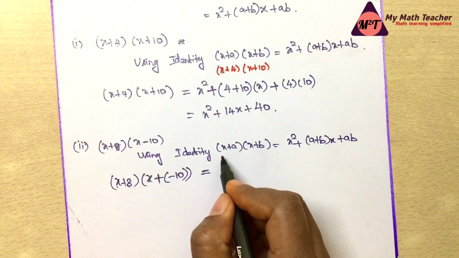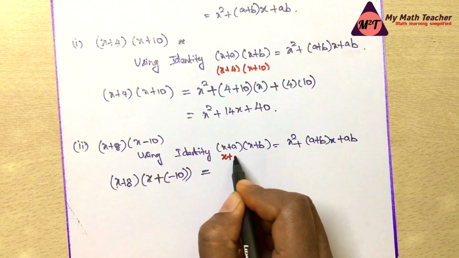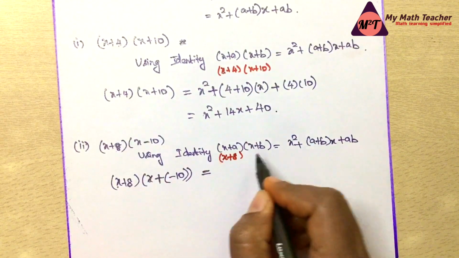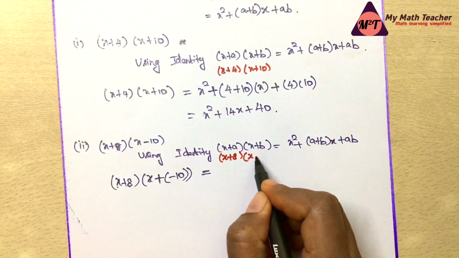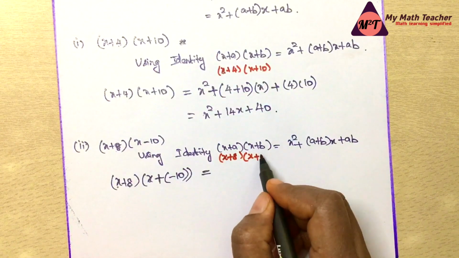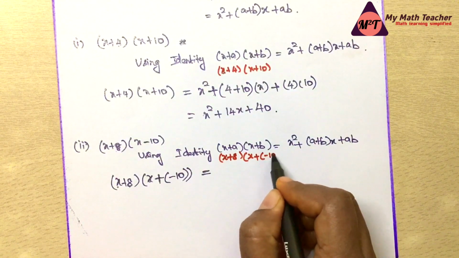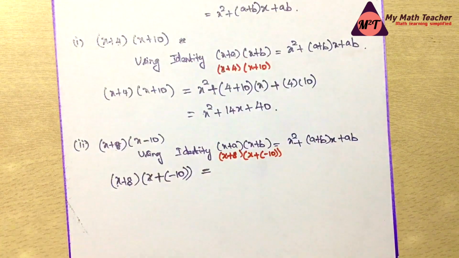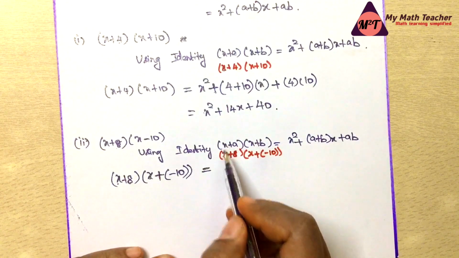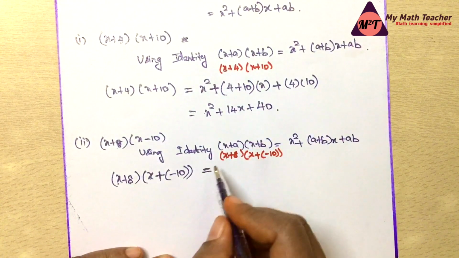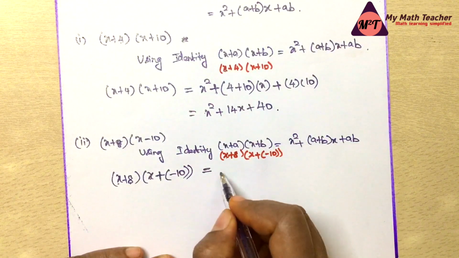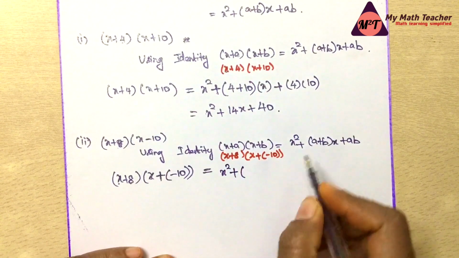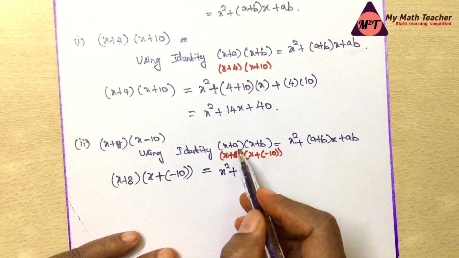Use your pencil. So it is x plus 8, this is the first polynomial, into x plus, what is the next polynomial? It is minus 10. Now compare this. In the place of x we have the same x. So write x square plus a plus b. What is a here?